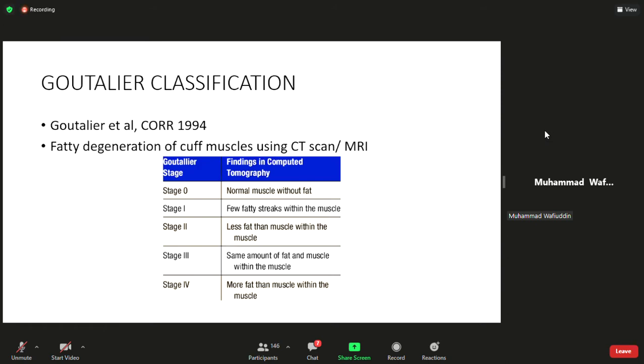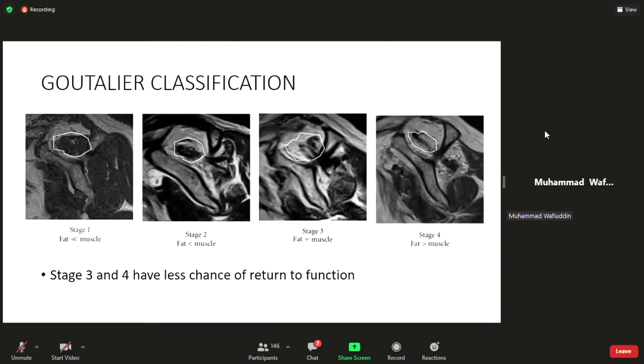Because when the patient presents late, we use this classification on MRI, so we can see the degree of fat degeneration in the muscle. As you can see here, in the first stage the fat is less than the muscle. In stage 2, the fat is predominantly bigger, but the muscle is small.